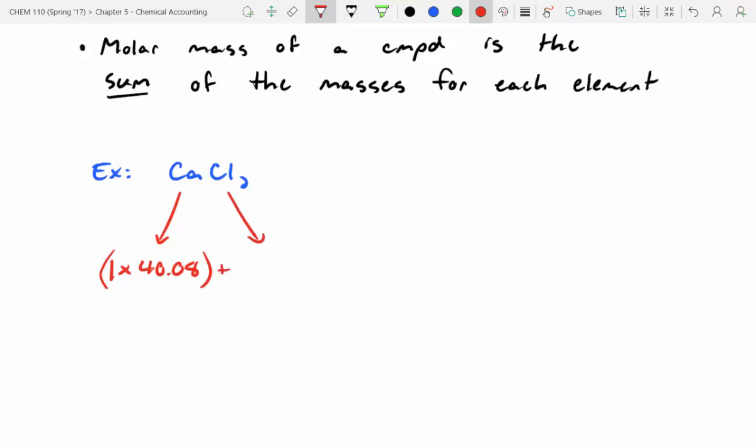And then chlorine over here, we've got 2 of them, so we're going to multiply it by 2 in the beginning. And then the molar mass for chlorine is going to be 35.45. And when you plug all of these in together, you'll have 110.98 grams per 1 mole.